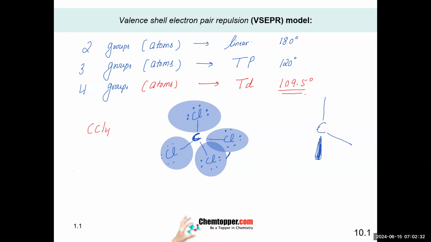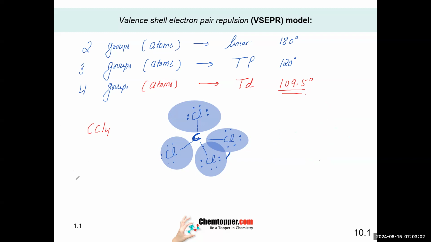Other one is pointing away, behind the paper. So this is behind the paper. This is in front of the paper. This is in the paper, so definitely these two will not overlap because they are not in the same plane. So this is the best arrangement to have four groups around the central atom with minimum repulsion, tetrahedron.